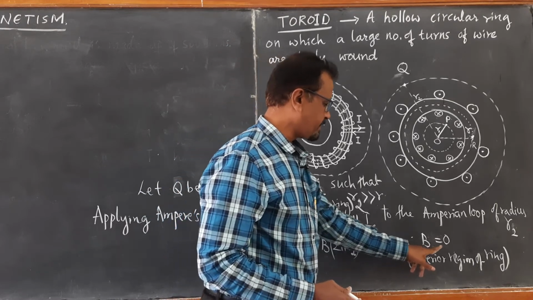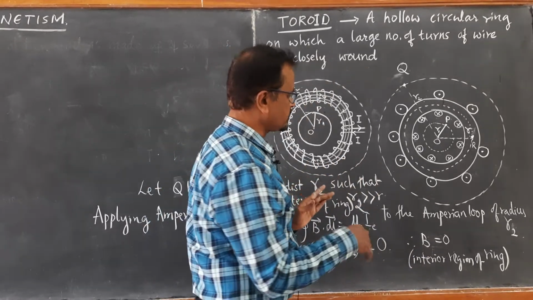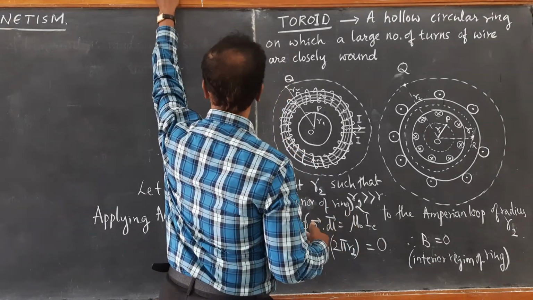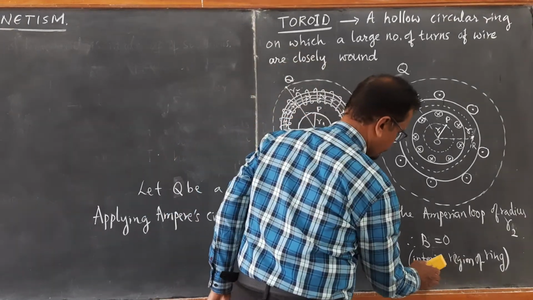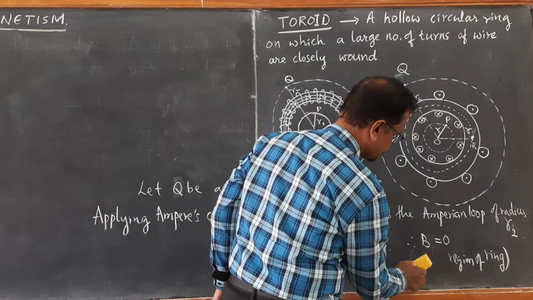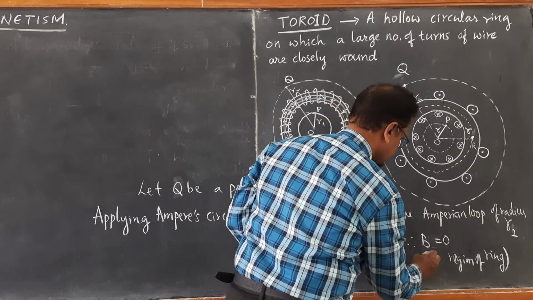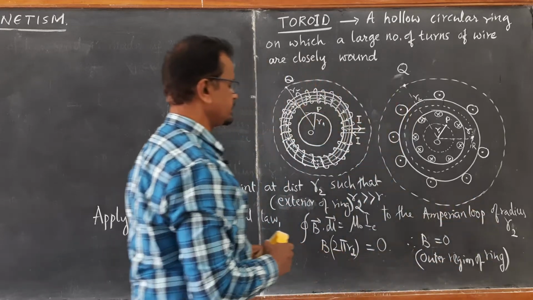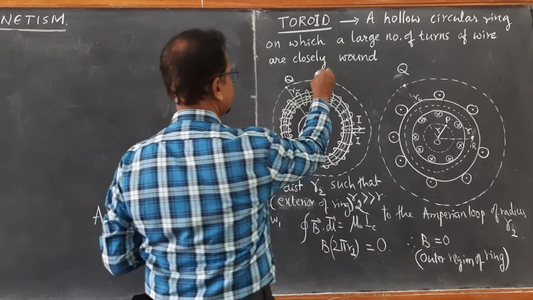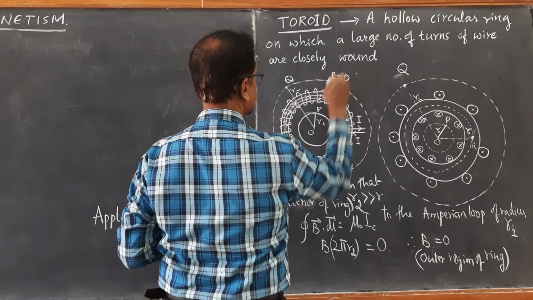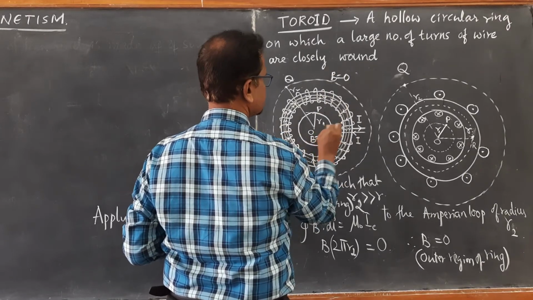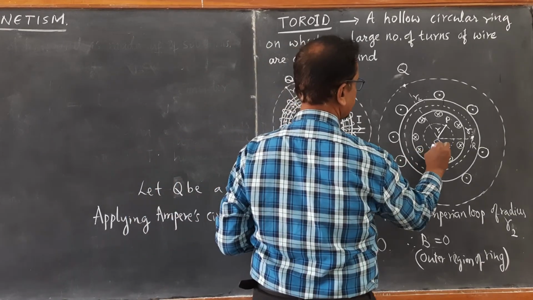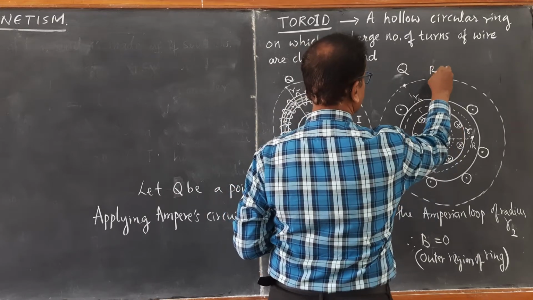This implies again the magnetic field is 0 in the exterior region of the ring, or outer region of the ring. So, we proved that B is 0 inside and B is 0 outside.